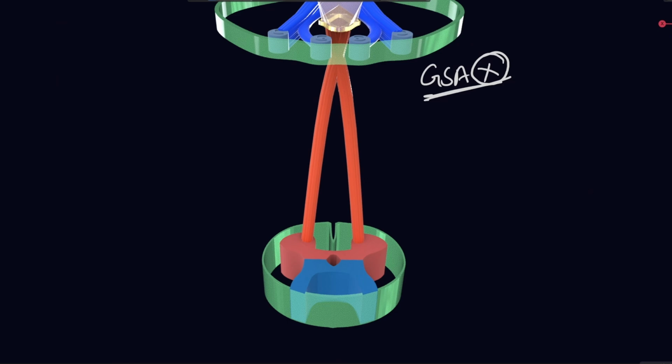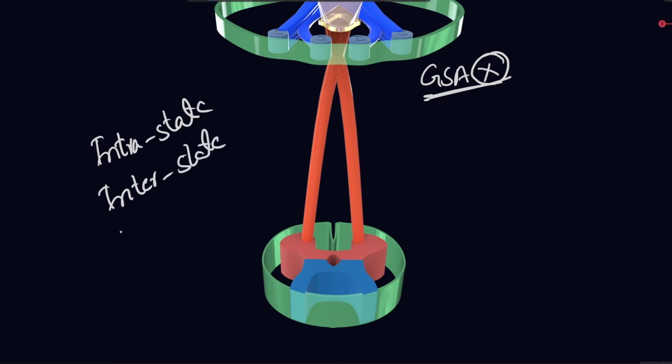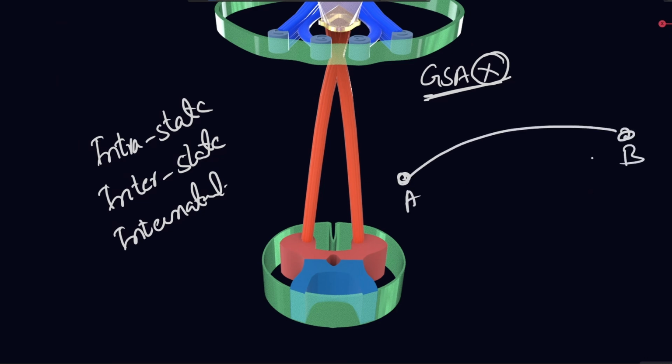So look at it like this: if you want to classify the tickets at the airport, the aeroplane tickets, you can classify the tickets as intrastate flights, interstate flights, or international flights, I mean intercountry flights. Now for reaching from destination A to B, the aeroplane might stop at some intermediary airport, AB.